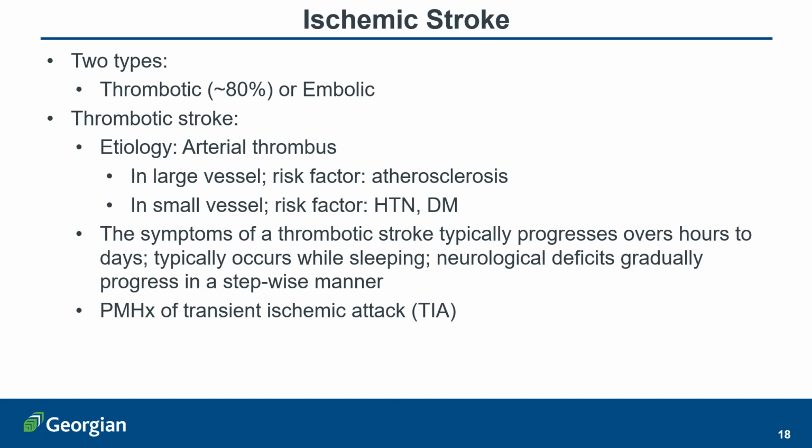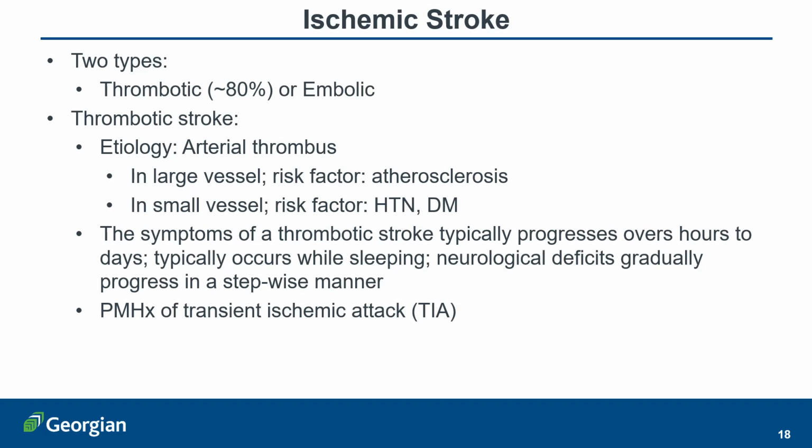The symptoms of a thrombotic stroke, if we want to compare it to an embolic stroke, typically progress over several hours to days, and the clinical manifestations, the signs and symptoms, typically develop while sleeping. The neurological deficits gradually progress overall in a stepwise manner. In other words, they don't suddenly appear in terms of being very severe all of a sudden.